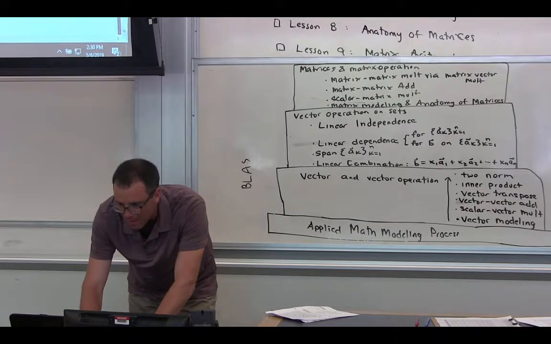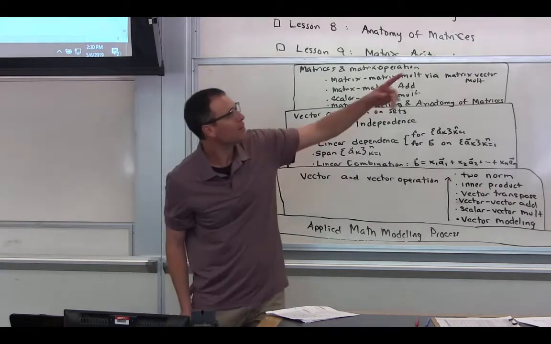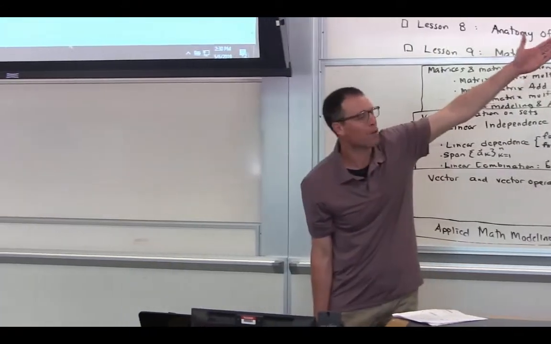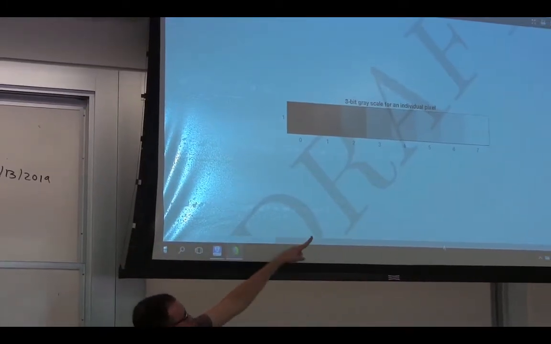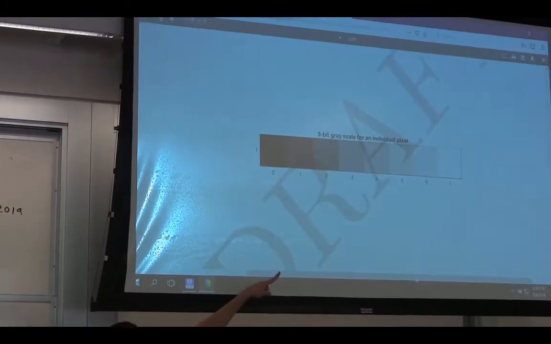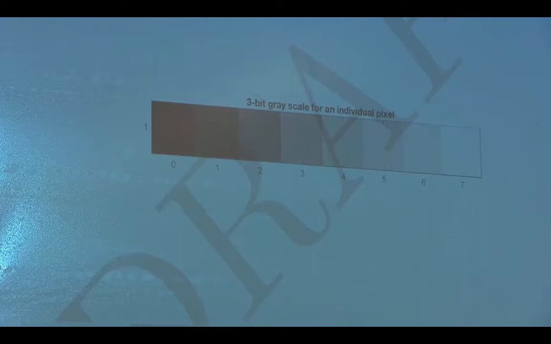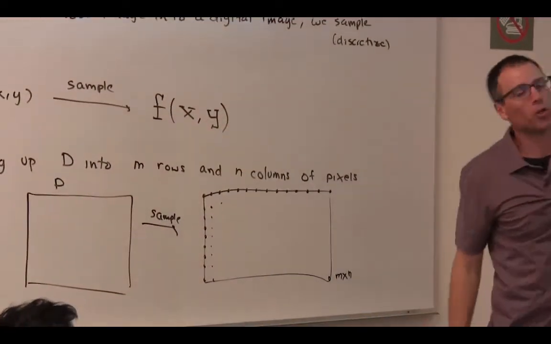So here's a 3-bit encoding for grayscale. This is an example of how you might do it if every pixel light intensity was done in 3 bits. 0, 0, 0 would be black, 1, 1, 1 would be white, and then you'd go accordingly, right? Do you see it? So every pixel now, when you're looking at the computer graphic F at a particular point, these are the total number of choices that you have.